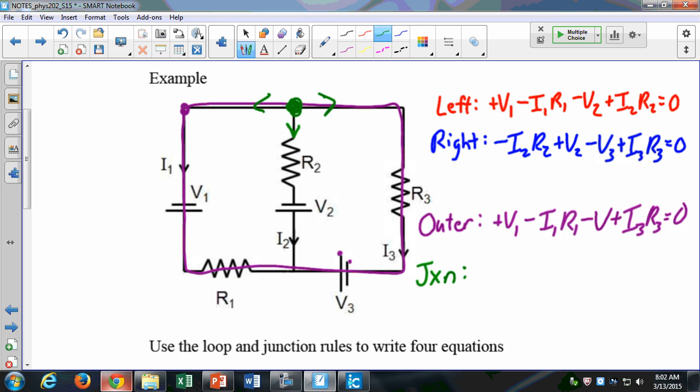I don't have any incoming currents, right? So I'm going to have 0 equal to I1 plus I2 plus I3. But that doesn't make any sense, right? I can't have a junction there with nothing but currents going out. So how can you explain that?